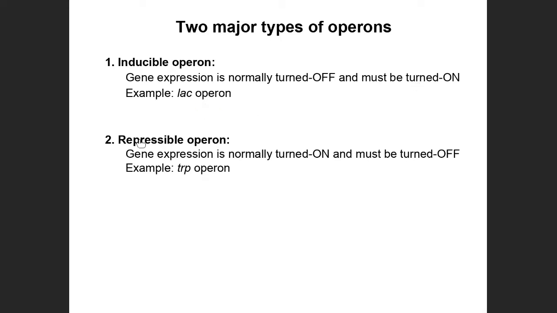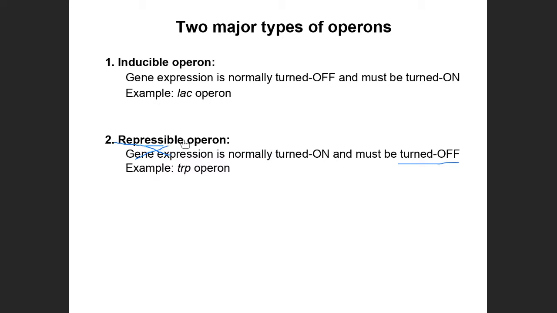Another type of operon, or there are other operons, I should say, whereby gene expression is normally turned on. So these genes for these operons are normally being expressed. Protein is being produced, and the same cellular function is occurring. And there has to be some event that represses gene expression, that turns off gene expression.